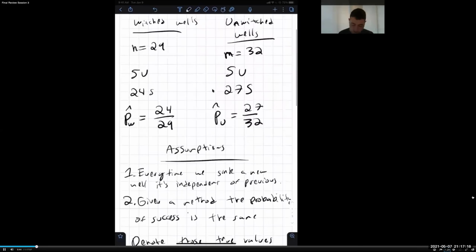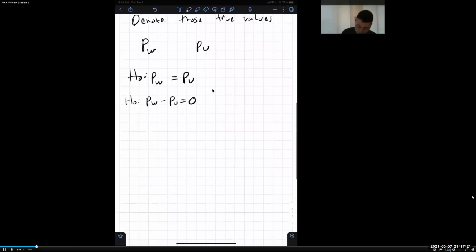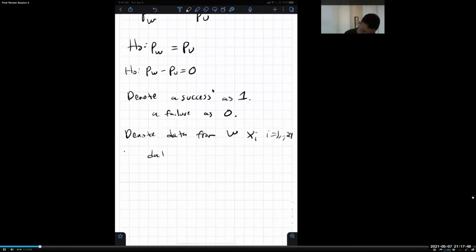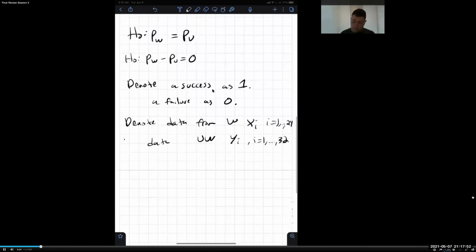And the reason why is, so I'm going to denote a success as 1 and a failure as a 0, essentially. And I'll denote the data from the witching as the Xi's, i equals 1 to 29, and the data from unwitched as the Yi, so i equals 1 to 32.